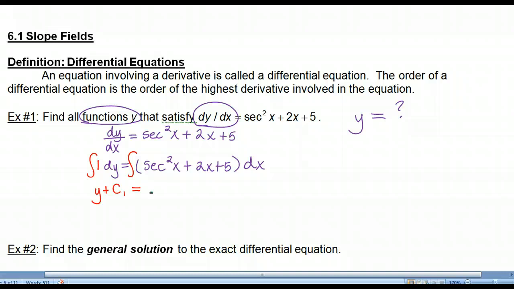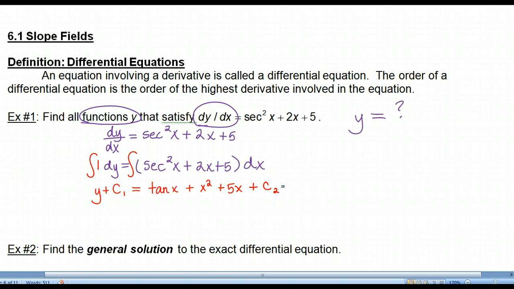On the right side, the antiderivative for secant squared, and then 2x squared over 2, so that just becomes x squared, plus 5x, and then a plus c. They're not the same c.